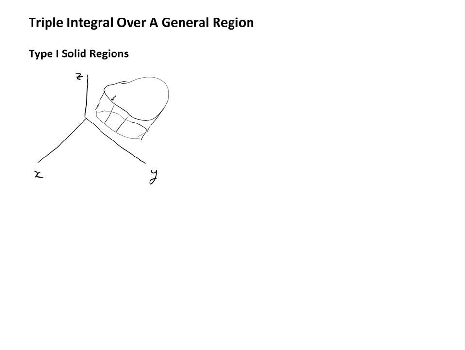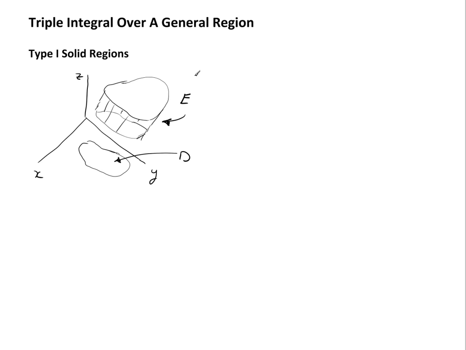So pretend like that's my region in 3 space, which I'm going to call E. And it's going to have a projection onto the xy plane. It's going to look something like this, and this is the region D.